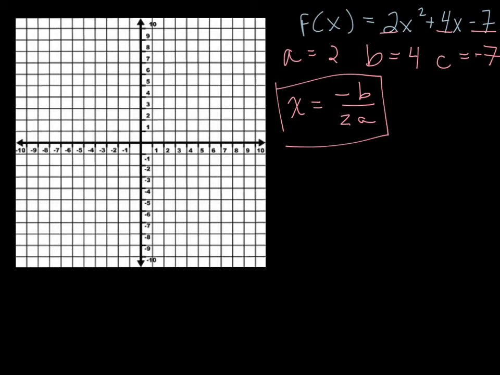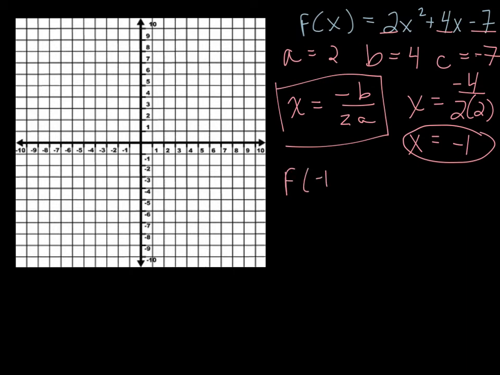So in this case, the x-coordinate is going to be negative 4 divided by 2 times 2. So the x-coordinate of our vertex is negative 1 when we simplify it. To find the y-coordinate, we're going to just plug it into our equation.